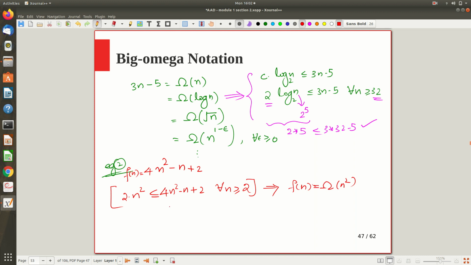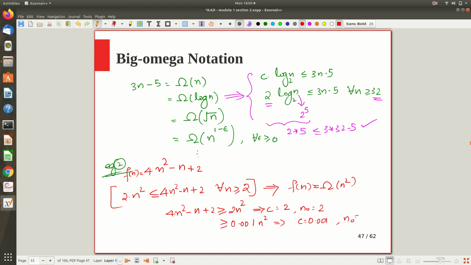Or you can write like this also, 4n square minus n plus 2 is greater than or equal to 2n square, which is holding. So in this case I am getting C is equal to 2 and N0 is equal to 2. Or the same thing will satisfy for some smaller constants also, like 0.01 n square. You just experiment. Okay, so this is found to be true for this particular C, and the N0 you just find out.